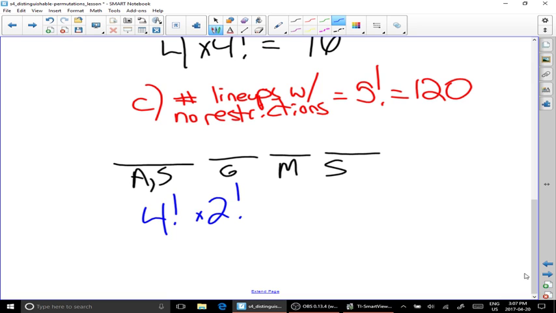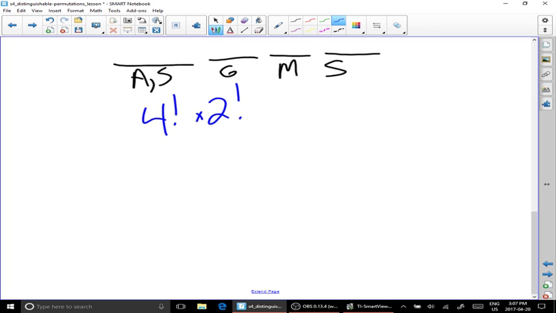Okay? So 2 factorial is 2, 4 factorial is 24, so altogether there's 48 ways of arranging them when they are together.